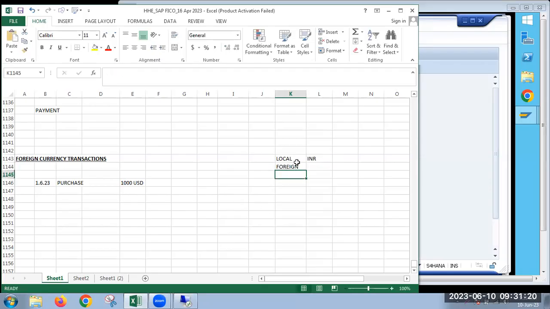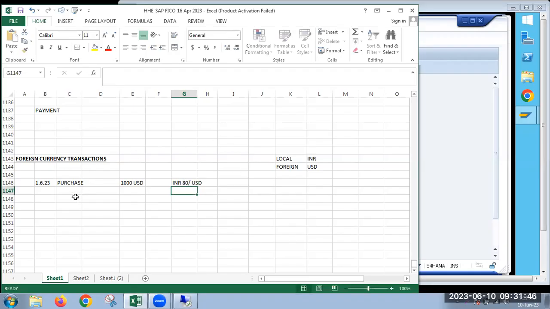So there will always be a relationship, or rate, between the foreign currency and the local currency. We will discuss that. For the moment, think about we have made the transaction at the rate of 80 rupees, so INR 80 per US dollar. This is our rate.